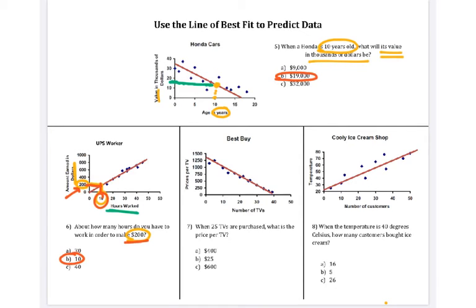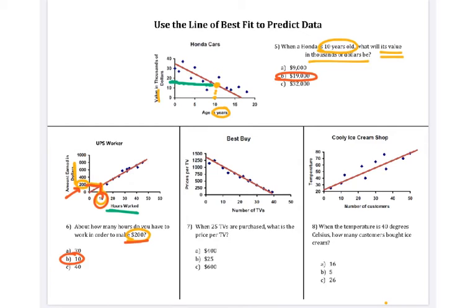I'll read it to you, and then you try to get the answer. Number 7 says, when 25 TVs are purchased, what is the price per TV? Okay, 25 TVs are purchased. Then what's the price? Is it A, 400, B, 25, or C, 600? Next, number 8.